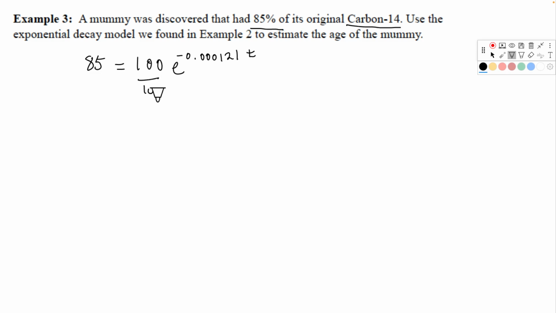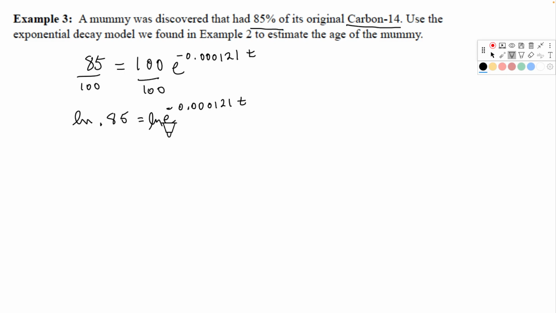We divide both sides by 100. So again, you could have just done 0.85 because you would have known, okay, start with 1, end with 0.85. That's what we're going to get here. 0.85 equals e to the negative 0.000121 t. How do we solve an exponential? Natural log of both sides. You're going to be using natural logs of both sides fairly regularly.